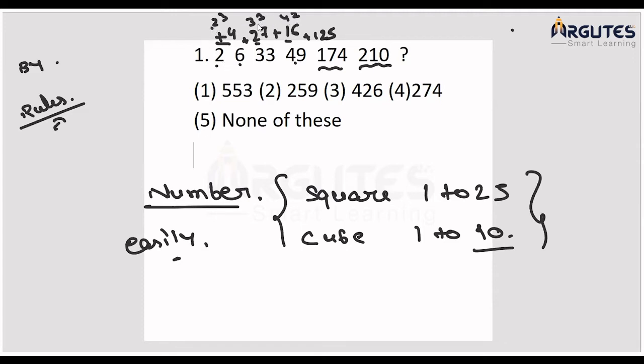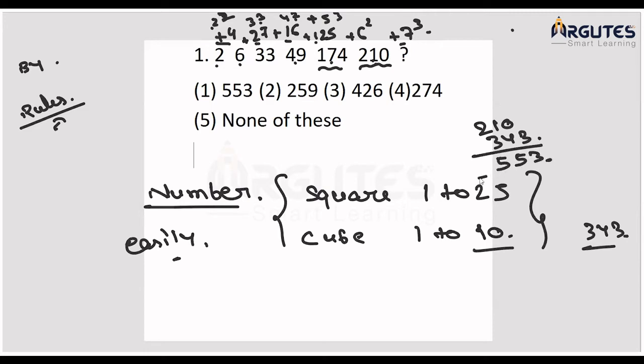It's plus 2 square, plus 3 cube, plus 4 square, then plus 125 means plus 5 cube, then from 174 to 210 it's plus 6 square, then it will be plus 7 cube. Plus 7 cube is 343. So add 210 to 343 and we get 553 as our answer. So the answer will be option 1.